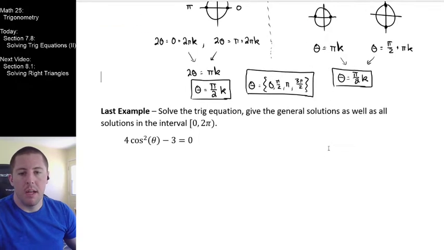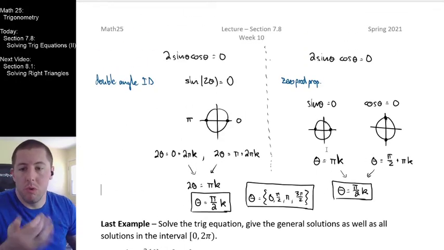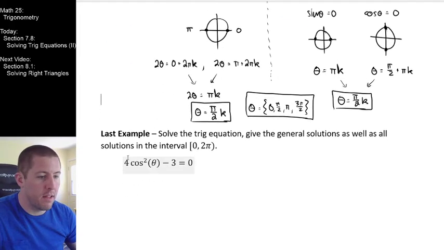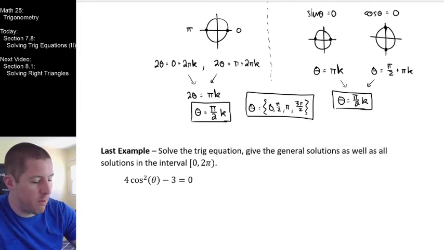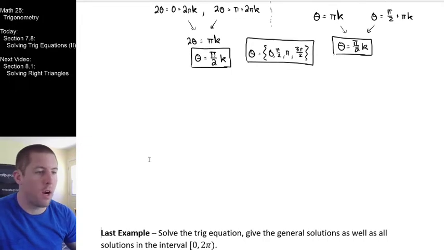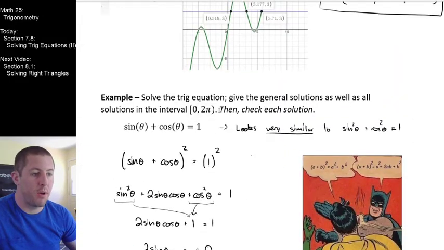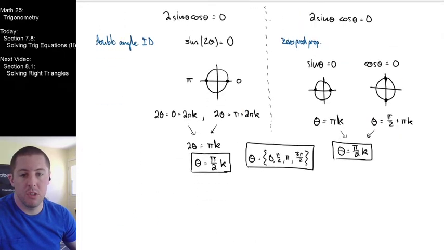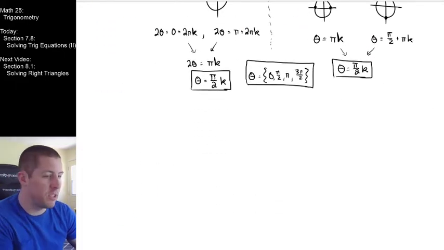Right? Let's go ahead and, oh wait, oh my gosh, I almost forgot the last thing. I almost did something crazy right there, which was to walk away from this problem. I didn't finish following the instructions. Then check each solution. So, do these solutions actually work?